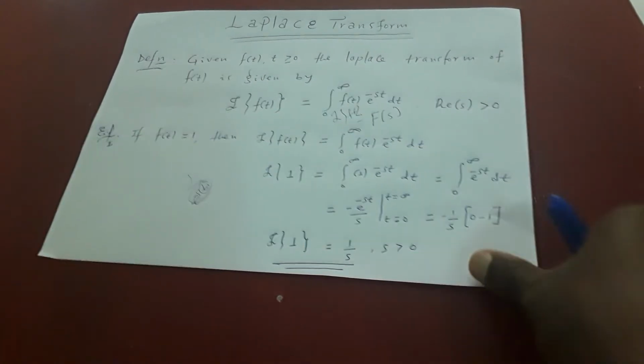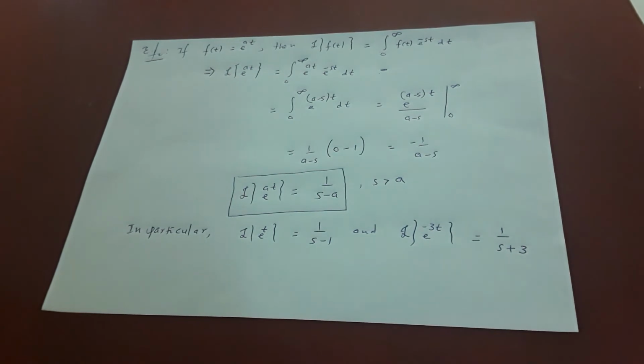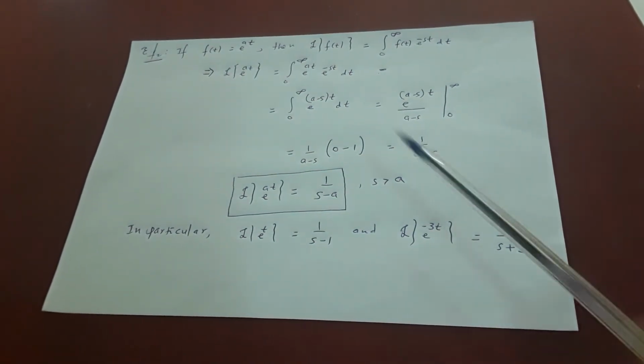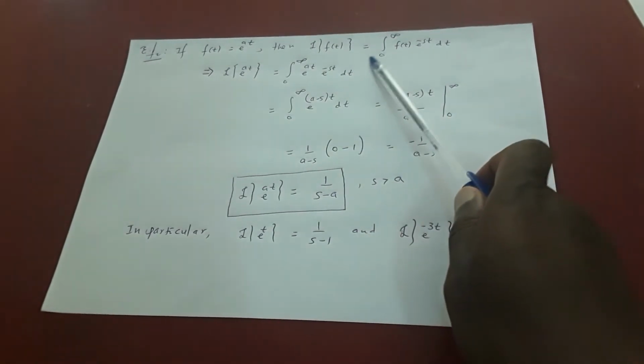Now let's look at other forms of functions, like the exponential function. We have the function e raised to at, then the Laplace of f of t means, by definition, the integral from 0 up to infinity.